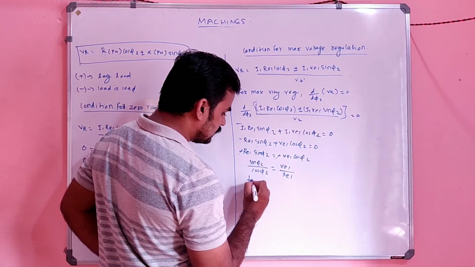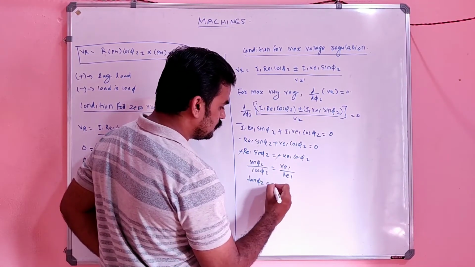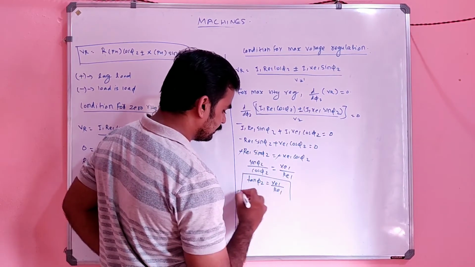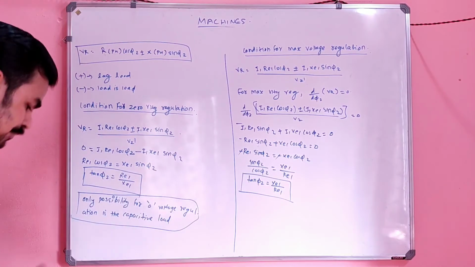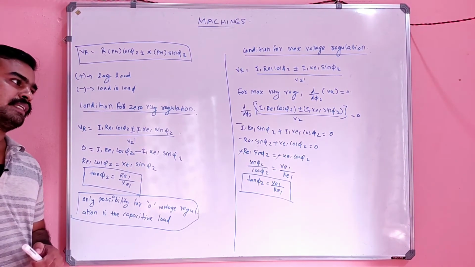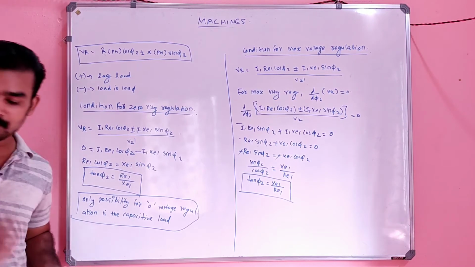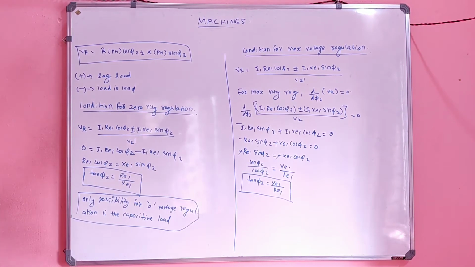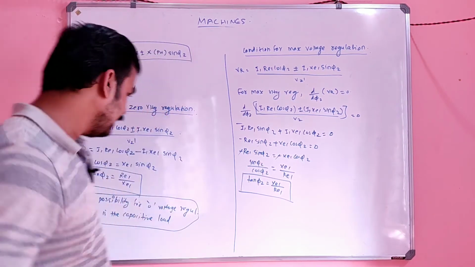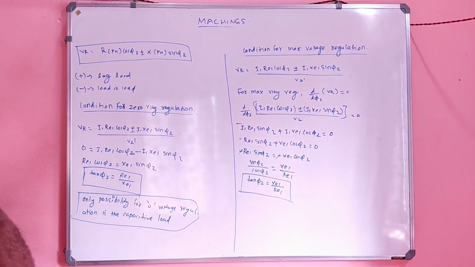Or I can say that tan phi 2 is equal to XE1 by RE1. So this is the condition for maximum voltage regulation in a system. Is it clear? Okay, and that's all for the theory session.